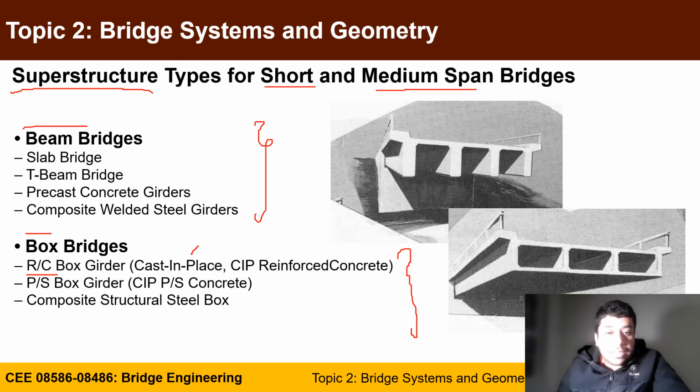We have pre-stressed concrete box, which can also be cast in place or with external pre-stress as segmental box girder. We also have composite structure steel box. And in the following slides, we will elaborate on each type.